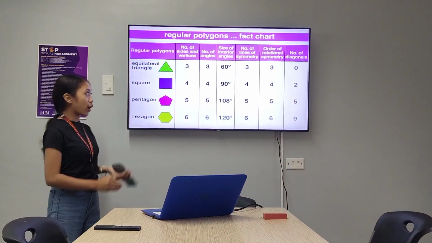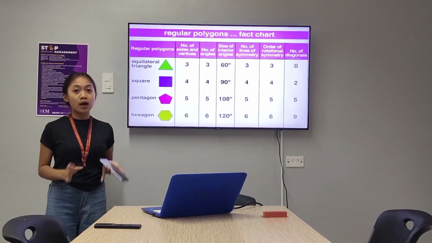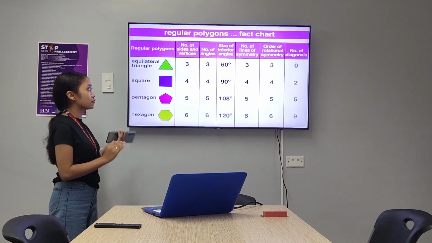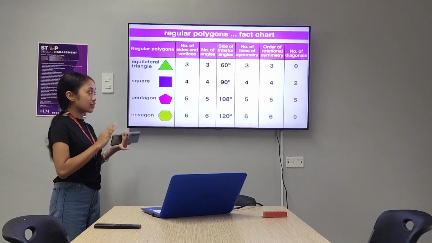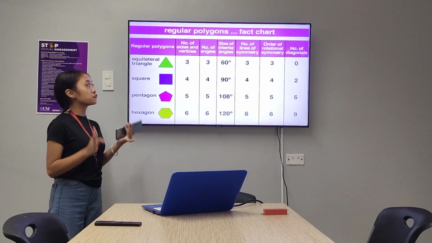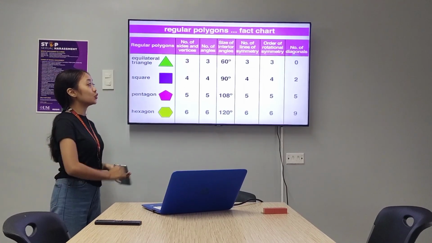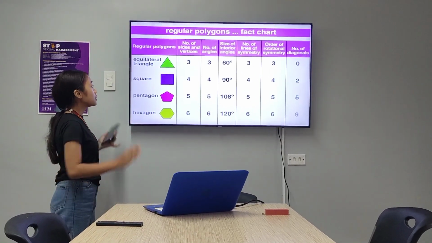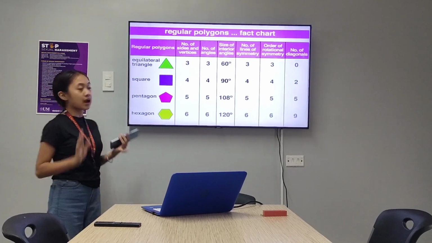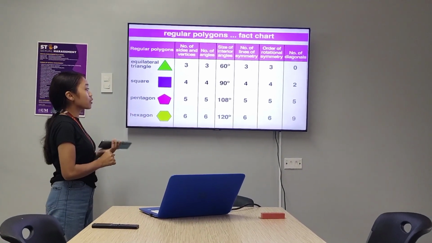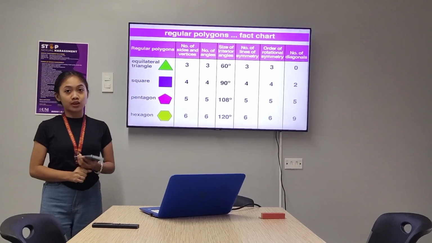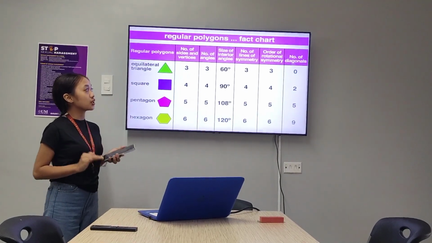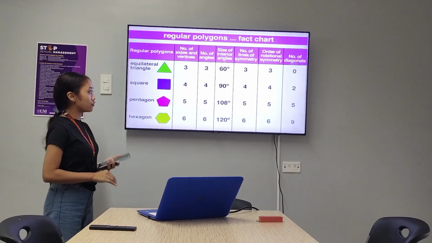The next one is the square, or what we all know as a quadrilateral. It has 4 sides and vertices, 4 angles of 90 degrees, 4 lines of symmetry, 4 rotational symmetry, and 2 diagonals. The fifth one is the pentagon.